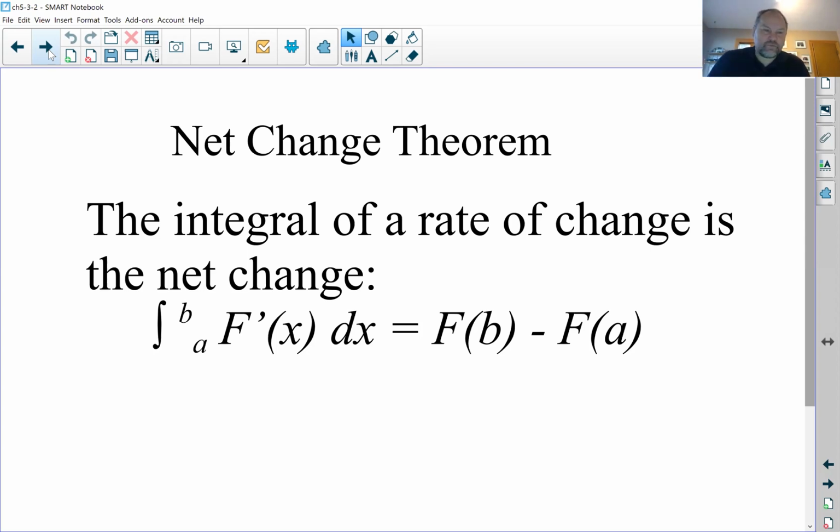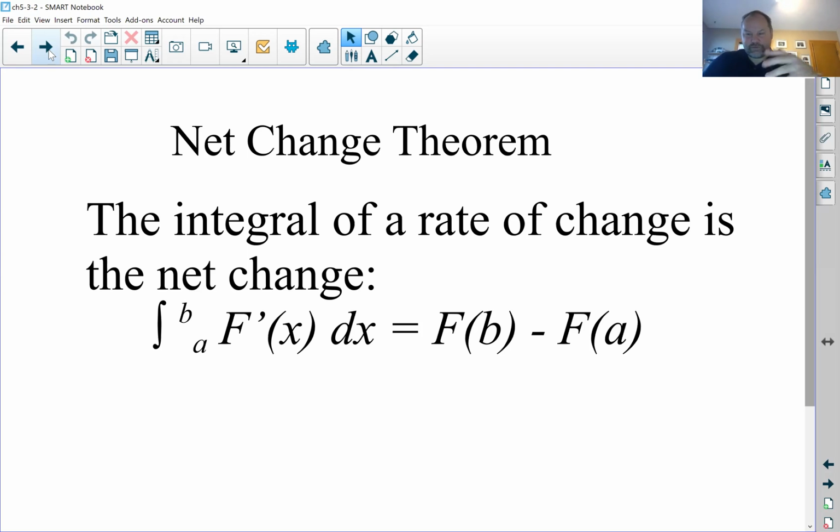And that can be used for any rate of change. It is not total change, it's just the net change.